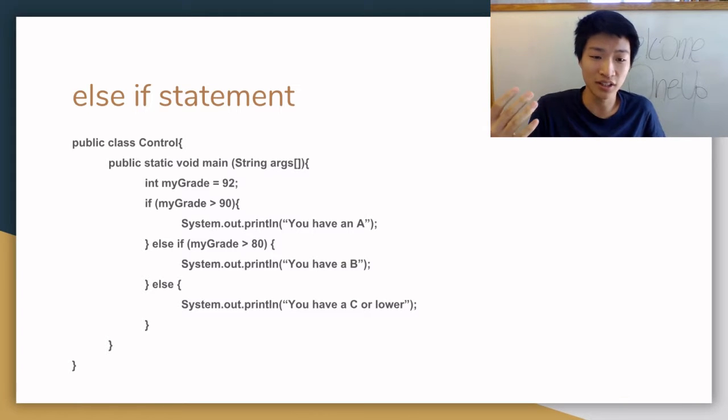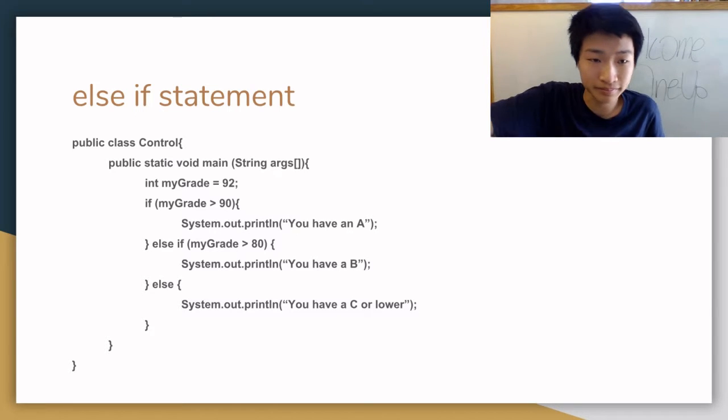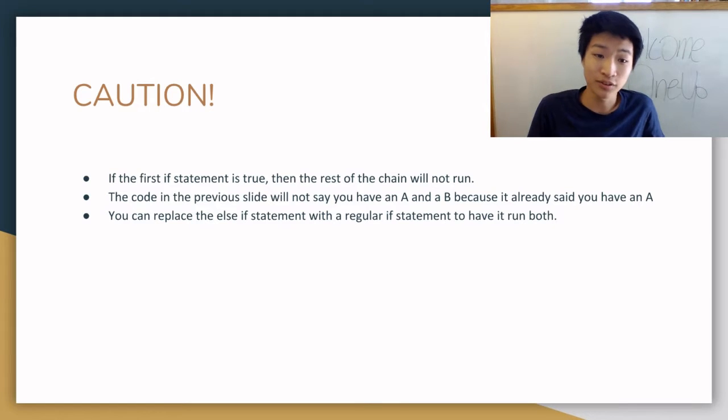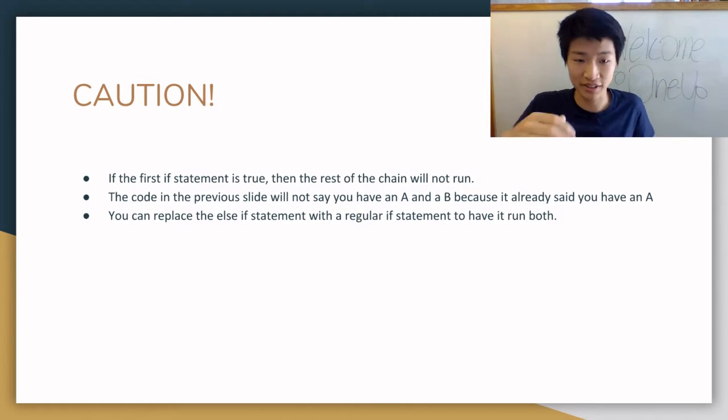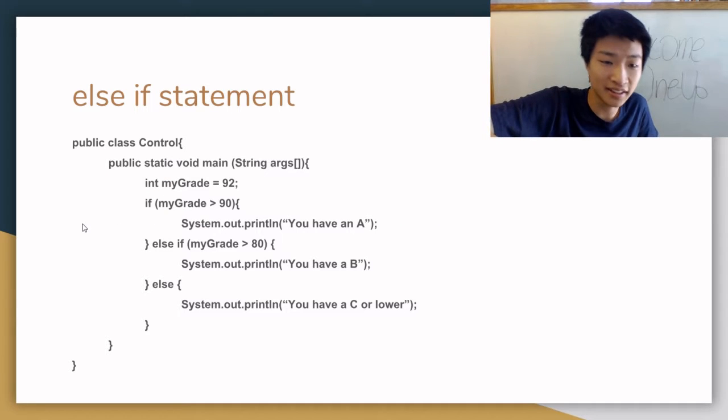And so you can put that inside else and else ifs in order to check what your grade is. You have to be careful, because if the first statement is true, you won't see any of the other statements. So let's check this slide again.